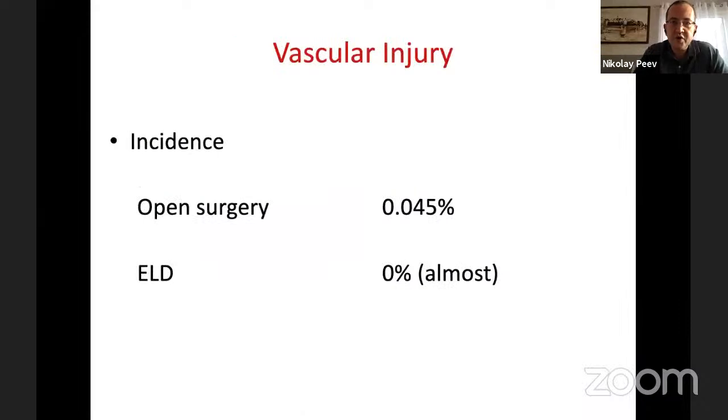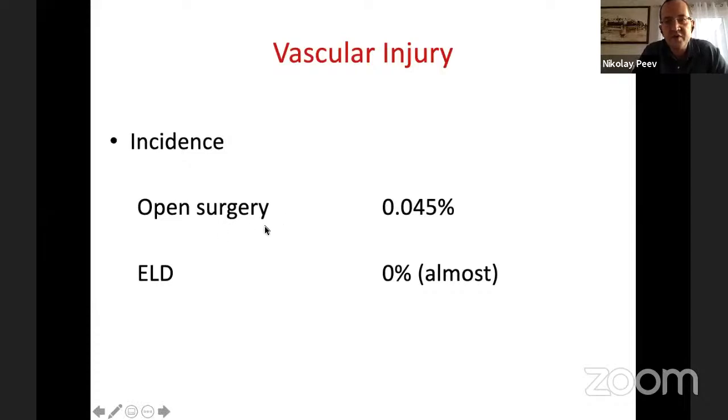So a few words about the possible complications. You can expect to have more complications in the beginning, but you have to make sure that the complications are not major, because if you have a major complication in the very beginning, that is likely to put you off and stop you developing that surgery. Vascular complications are one of the most significant complications that you can have with disc surgery.